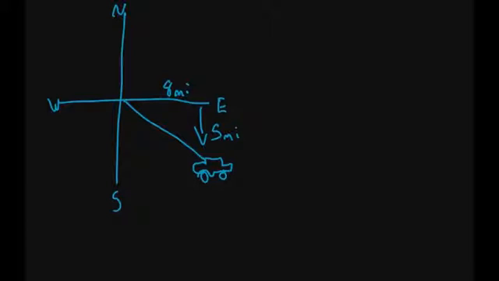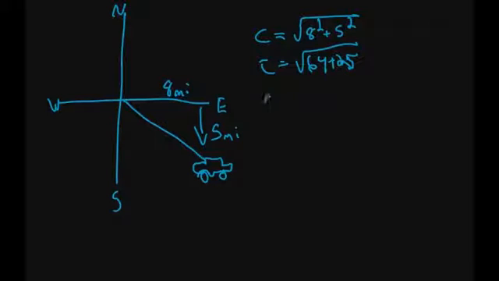We're going to do c equals the square root of 8 squared plus 5 squared. So c equals the square root of 64 plus 25. So c equals the square root of 89. So that would put c about 9.4 miles.